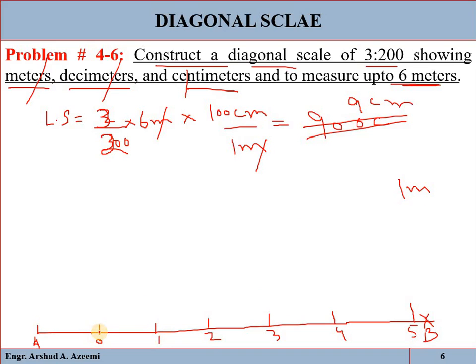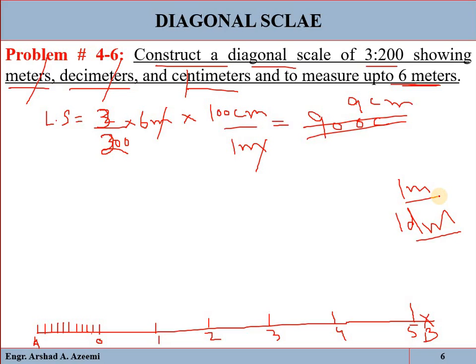When we divide this one part into 10 equal parts, 1, 2, 3, 4, 5, 6, 7, 8, 9 and 10, each portion will represent 1 decimeter. Through this scale we can measure decimeters in meters.